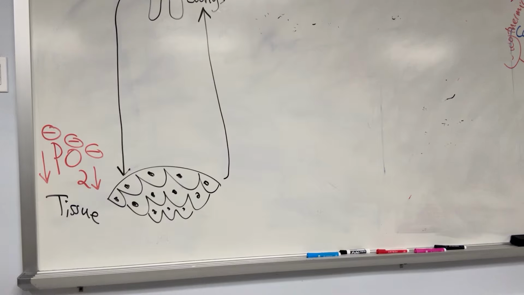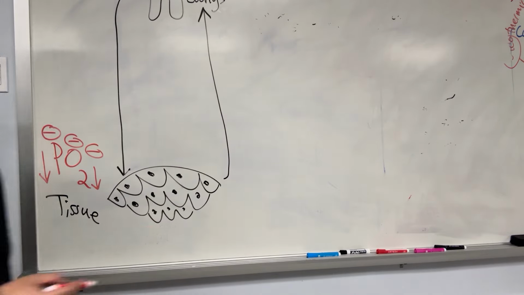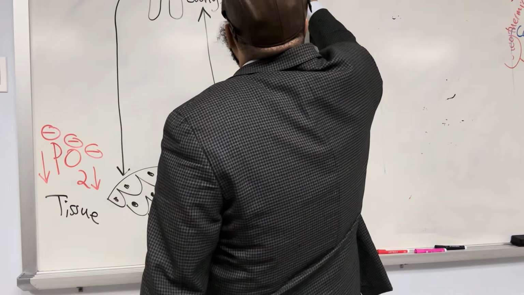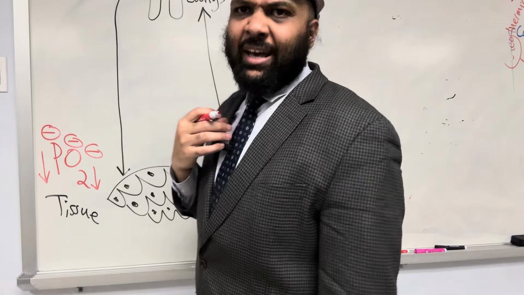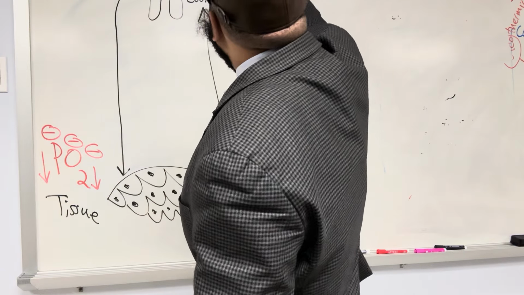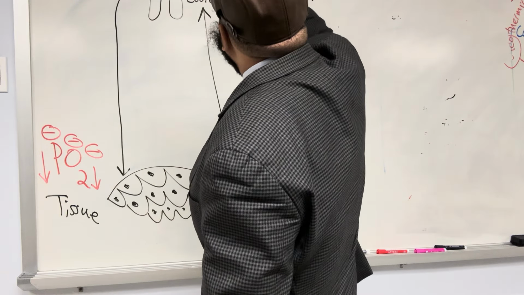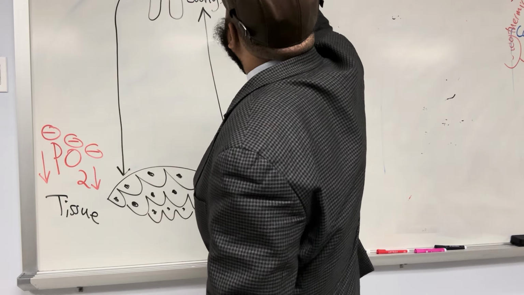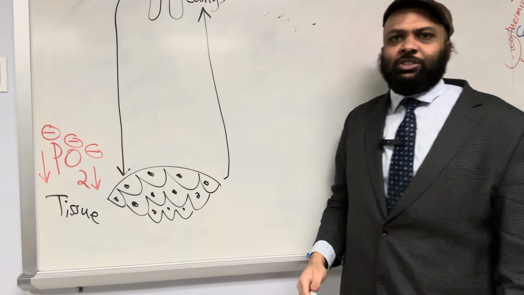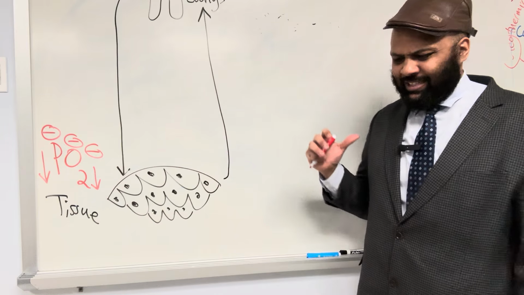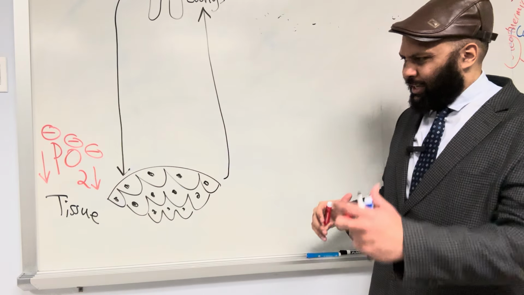Are we clear? Now, in your lung, what do you think the partial pressure of carbon dioxide is? Is your lung full of carbon dioxide? No. Your partial pressure of carbon dioxide in the lung is so low. What about your tissue? Your tissue is constantly burning all of the toxic waste and the metabolic waste.